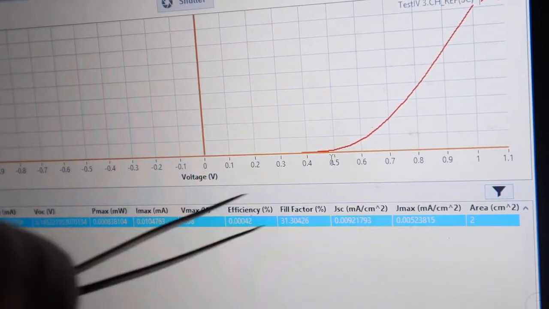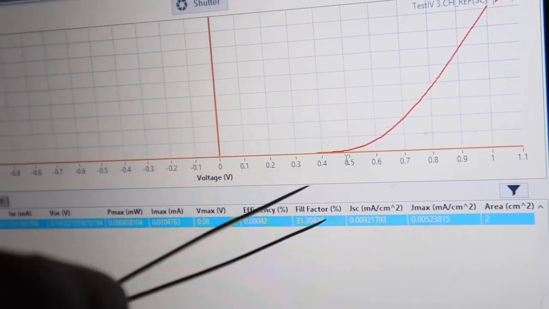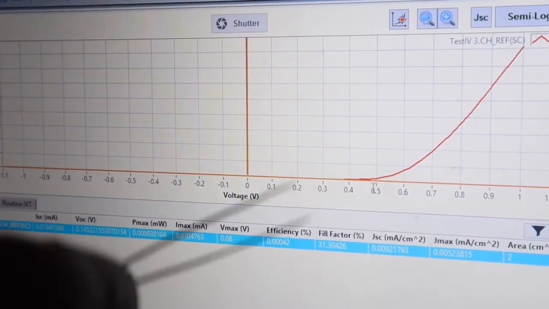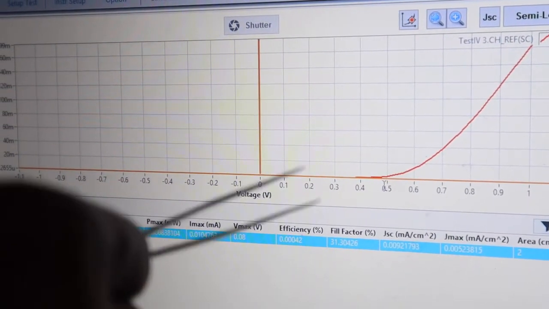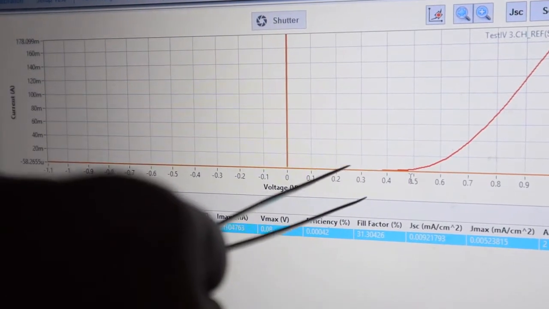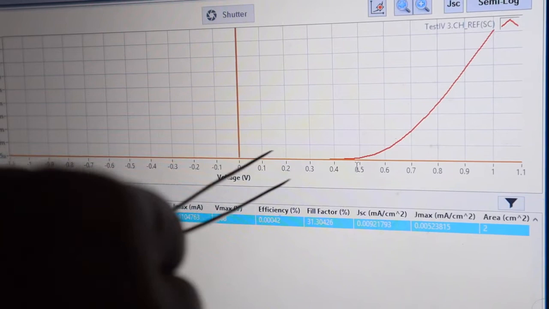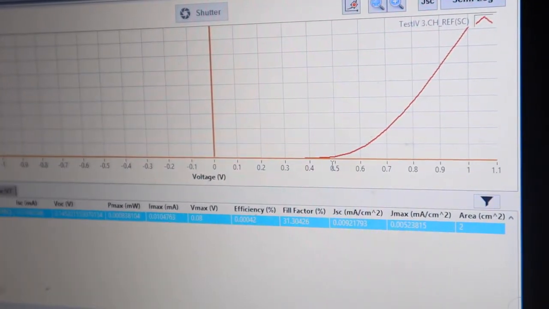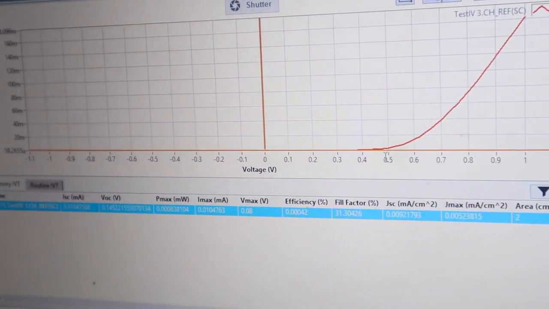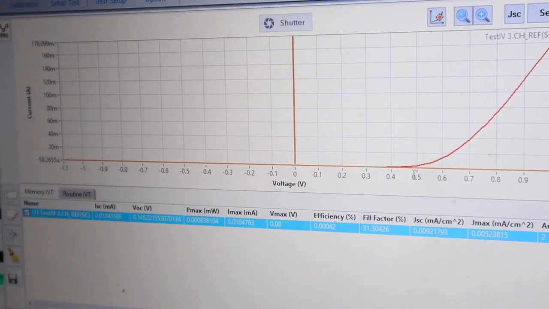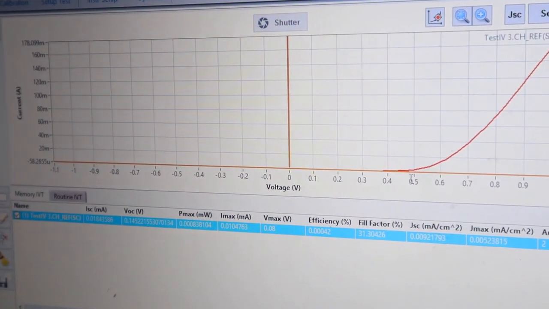Fourth quadrant, there is no part present here. Which signifies that no minority charge carrier generation occurs due to absence of illumination. So from there we can continue, because this is just like a simple diode characteristic. So we can understand that without the light, the solar cell is behaving just like a diode.